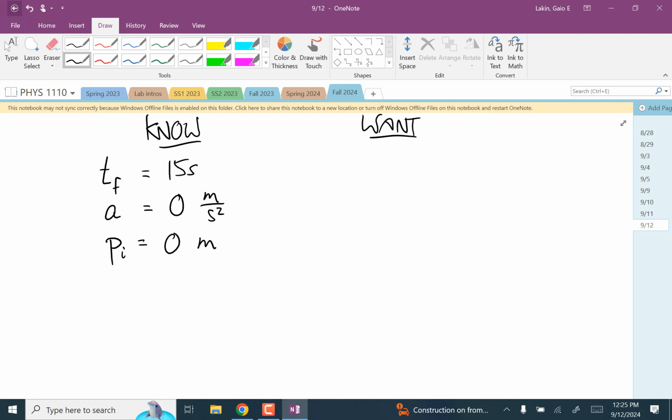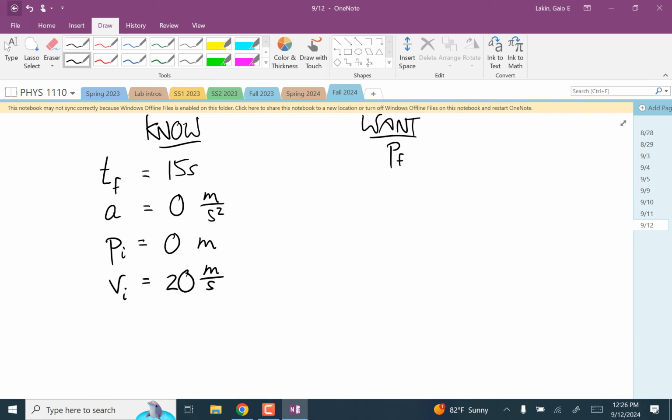That's what we're trying to find. Do we know the velocity at the start? Yeah, velocity is equal to 20 meters per second.